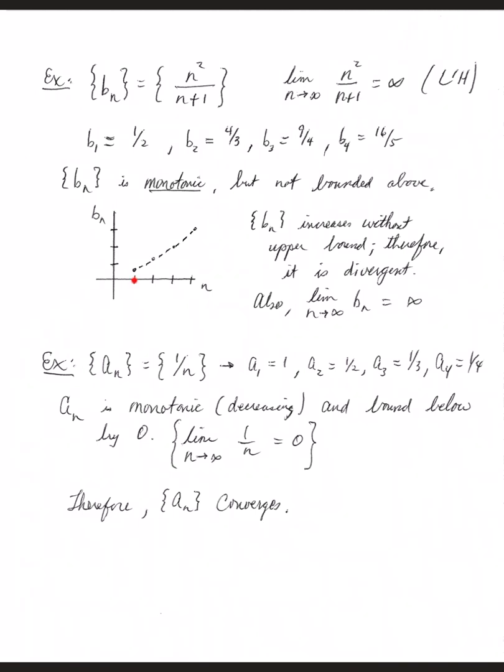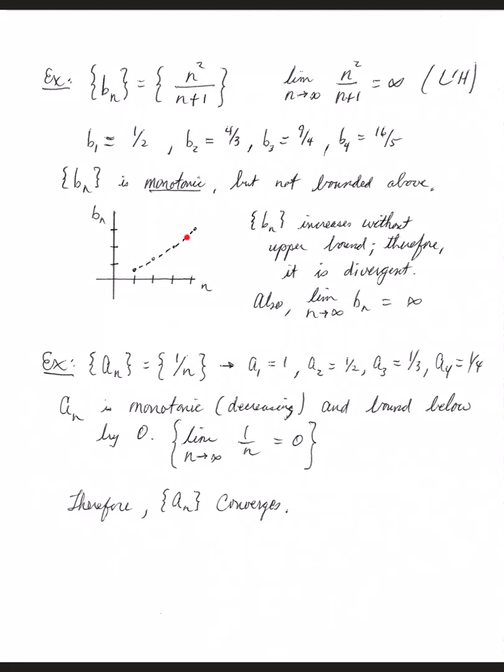This is for n equals 1, 2, 3, and 4. So b sub 1 was a half. b sub 2 was 4/3, which is 1 1/3. b sub 3 is 9/4, that's 2 1/4. And finally, b sub 4 was 16/5, which is 3 1/5.